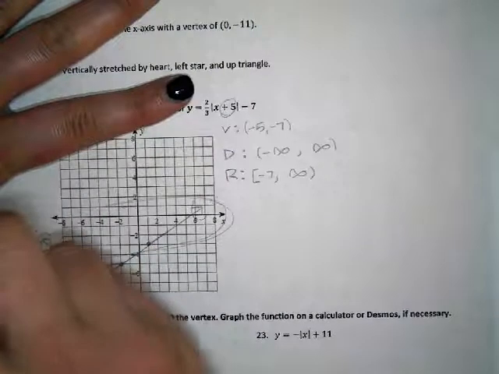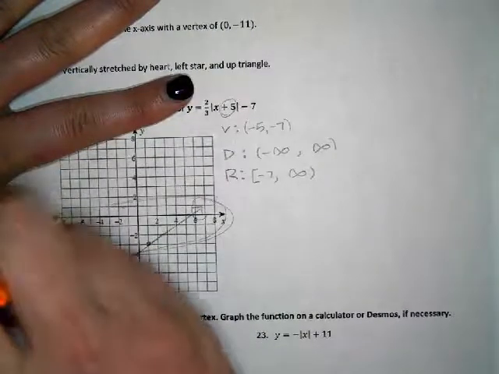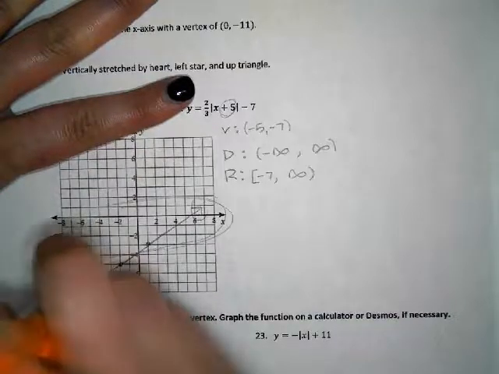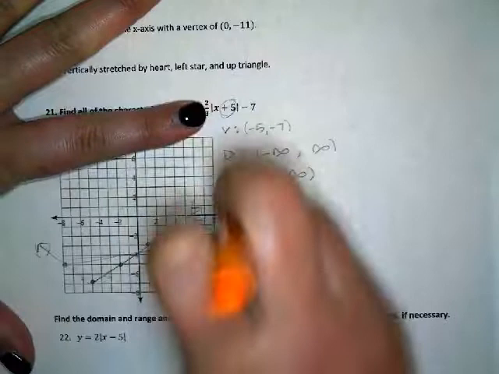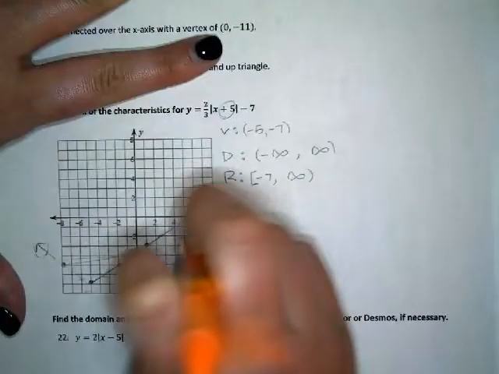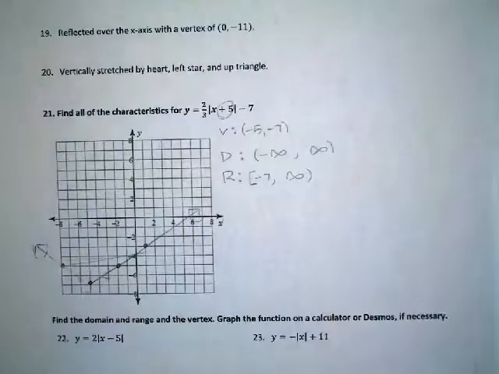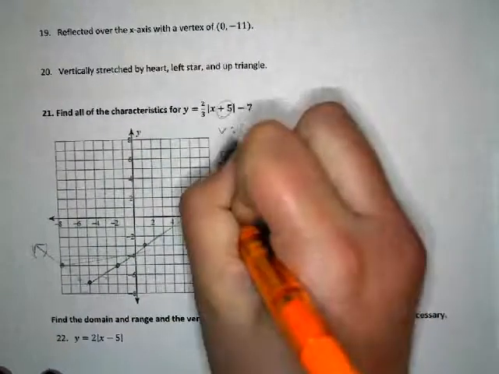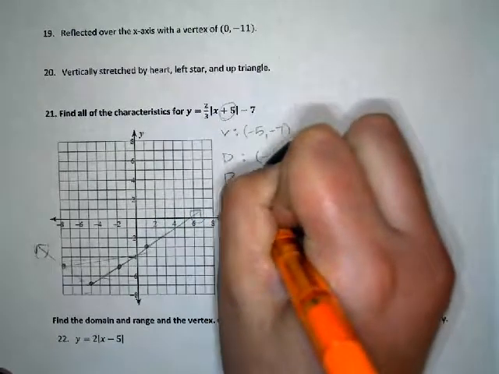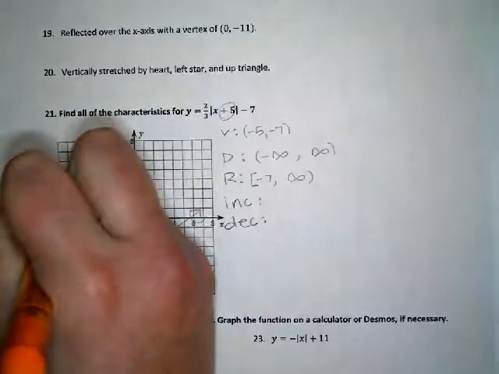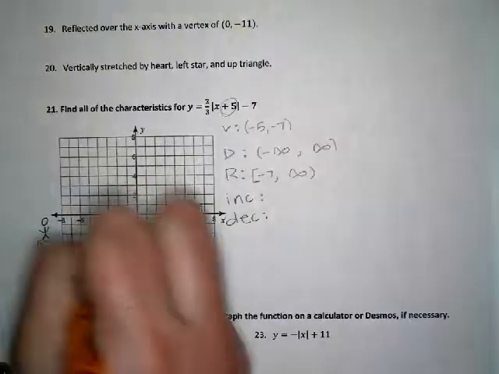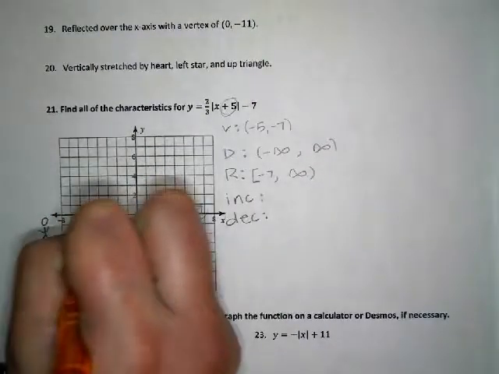Next on the list was the vertex, and I already found that, so I don't have to find it again. I'm going to flip the page over. The next thing on the list is increasing and decreasing intervals, and I use the stick figure for that. I think about my little stick guy. If he's walking downhill, he is decreasing.